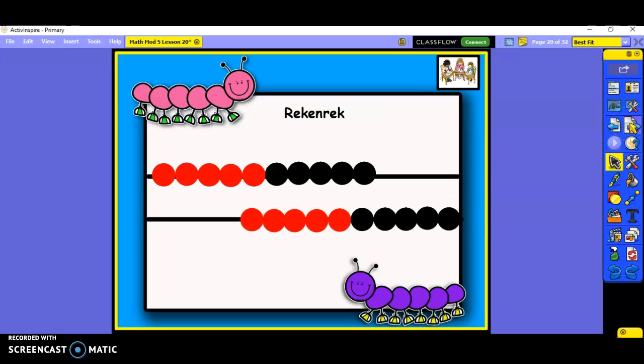Yes, Rekenreks. We can also show numbers in parts put together on our Rekenreks to give us our whole. On this Rekenrek, we have our 10 moved all the way over, and then we can move 3 over to show 10, 3, 13.